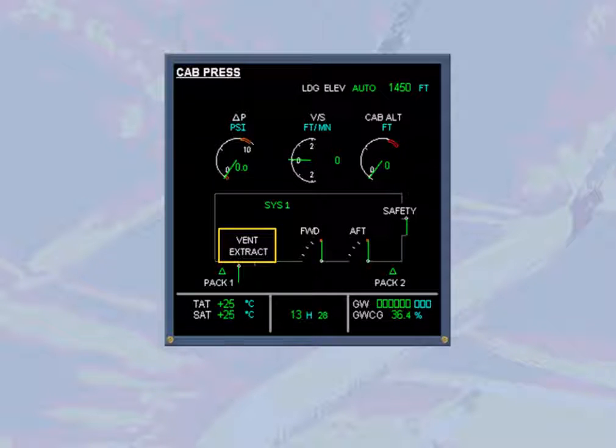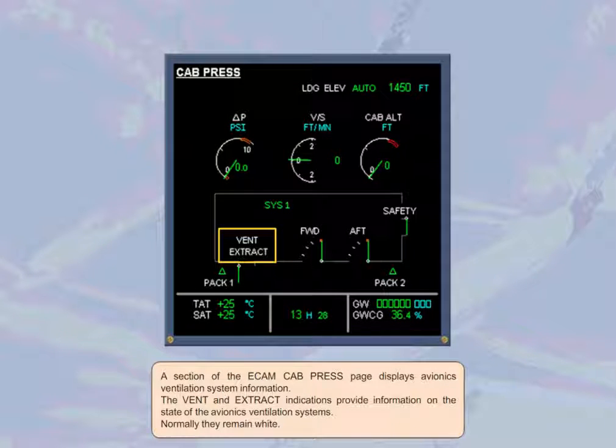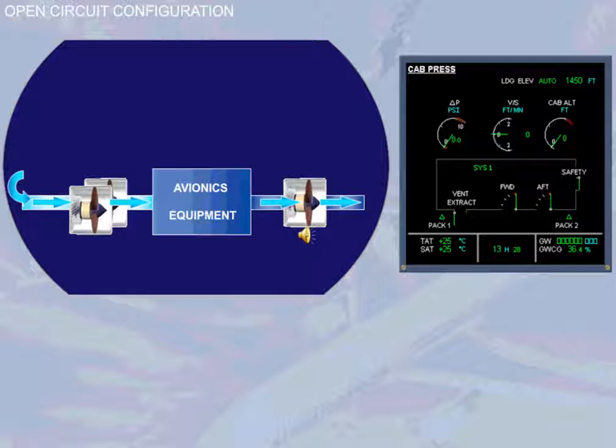The vent and extract indications provide information on the state of the avionics ventilation systems. Normally they remain white. On ground, with engines not running, air blown through the avionics equipment is discharged overboard via an overboard extract valve.